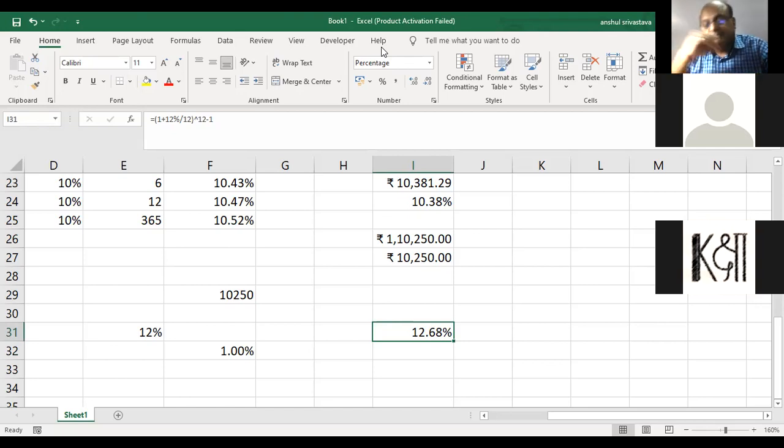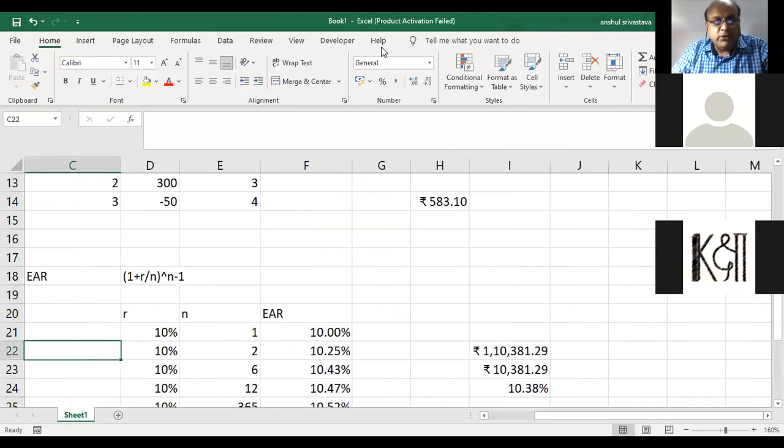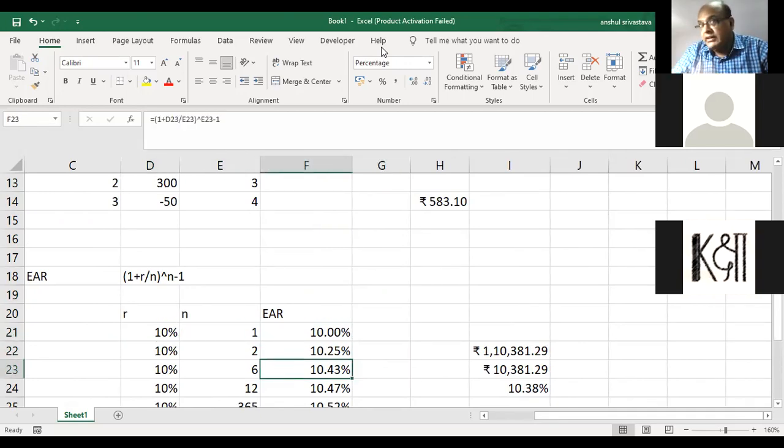So what do we do then? The people who have been using a calculator must be aware of the effective and nominal functions. We can use it here also, but you will get confused, because when the products are frequency defined, 10% is the nominal rate and 10.25, 10.43 is the effective rate.